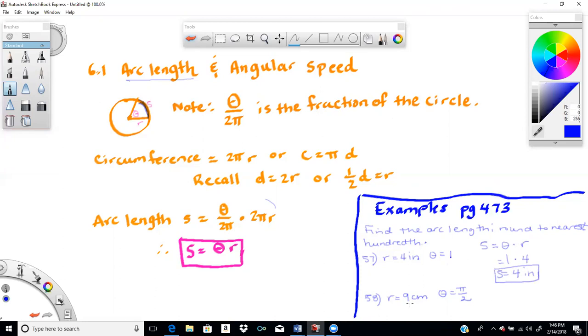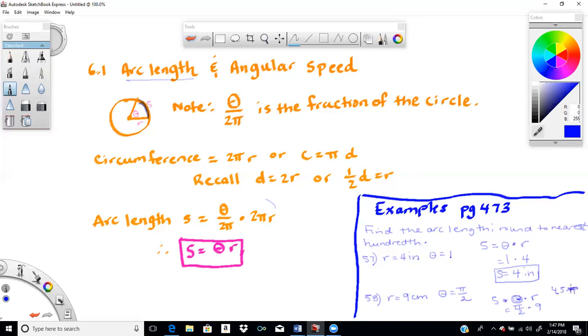Now notice in 58 that the radius is 9 centimeters, but theta is in radians. We still use the same formula, but to round to the nearest hundredths, we have to convert the pi to numerical form. So s is equal to theta times r, or r times theta; you might see it in the book as r times theta, it doesn't matter. We have pi over 2 times 9, which gives us 4.5 pi.